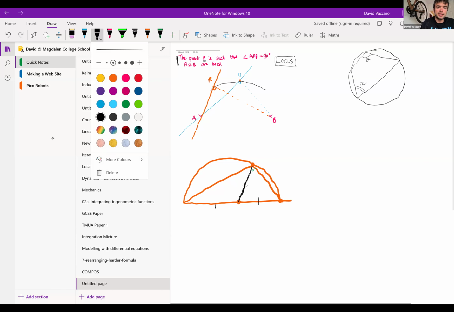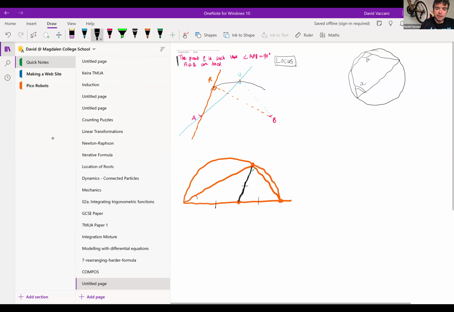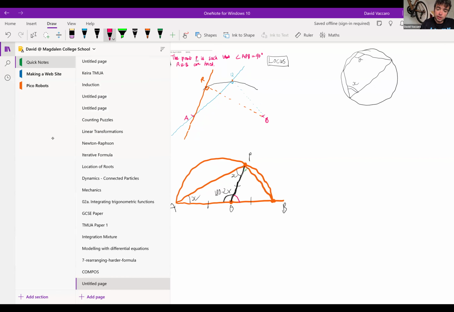I can say that if I label this angle in here as x, this angle in here is also x. So the third angle in that isosceles triangle, APO, sums to 180, so it must be 180 minus 2x. The other part of that angle that lies on AB must be 2x.